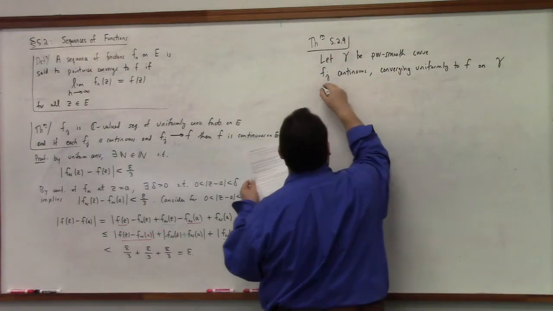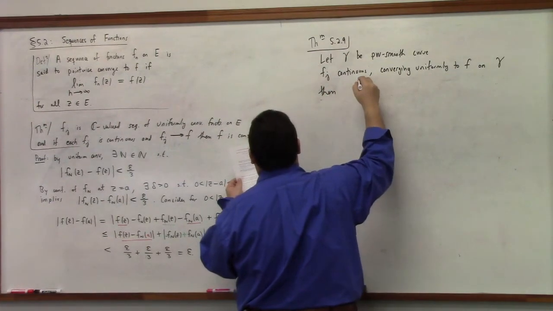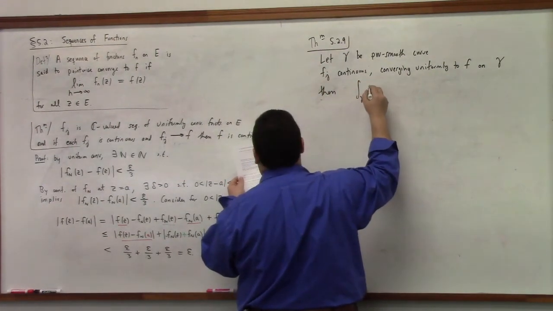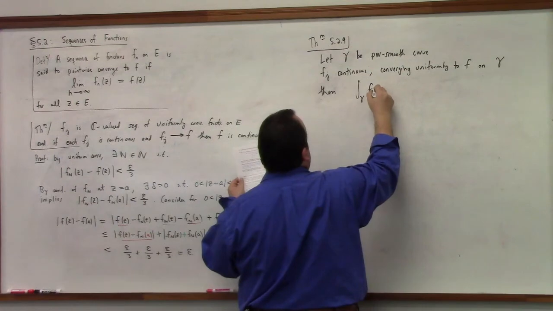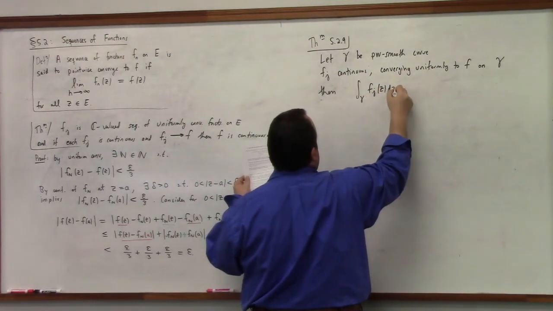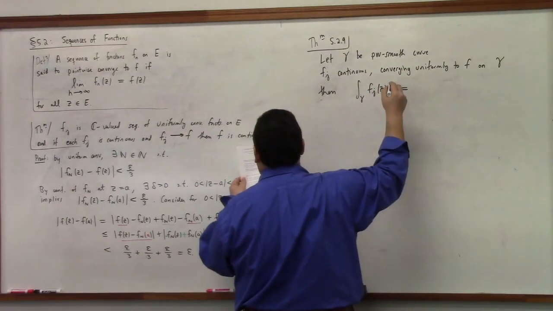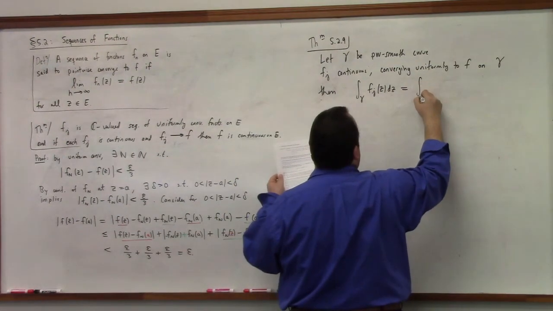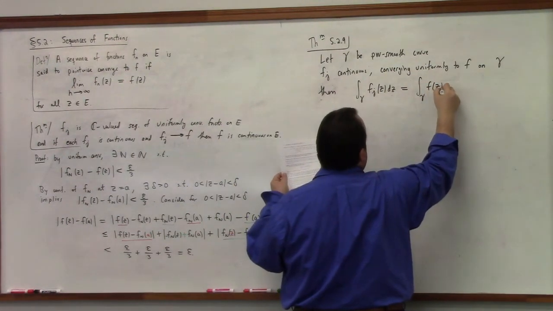Then the integral over gamma of fj of z dz converges to the integral over gamma of f of z dz.